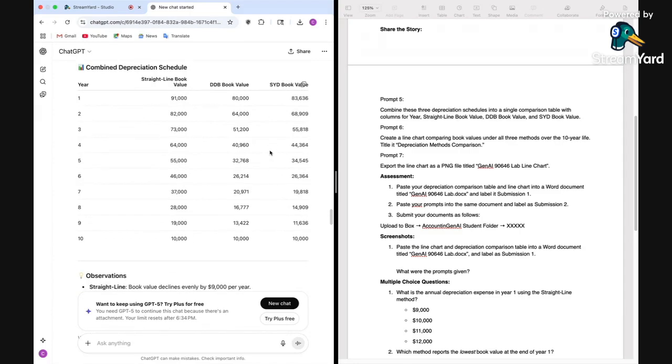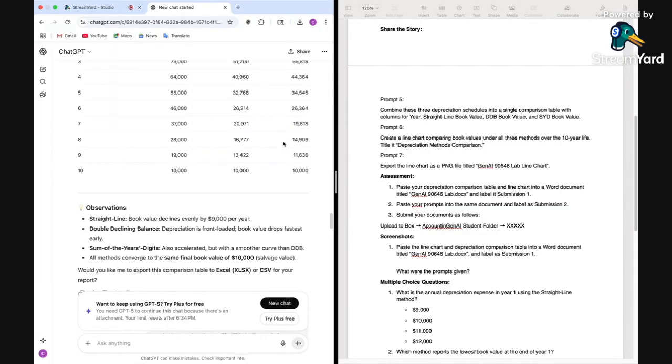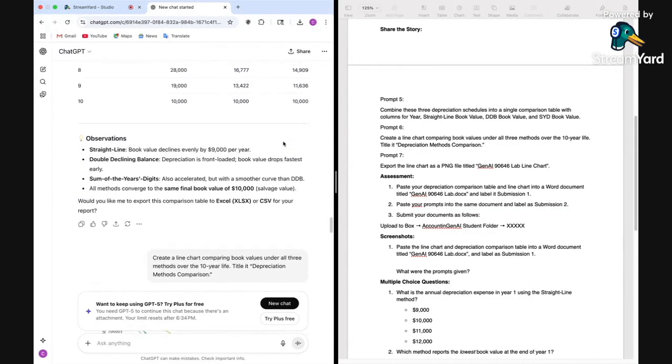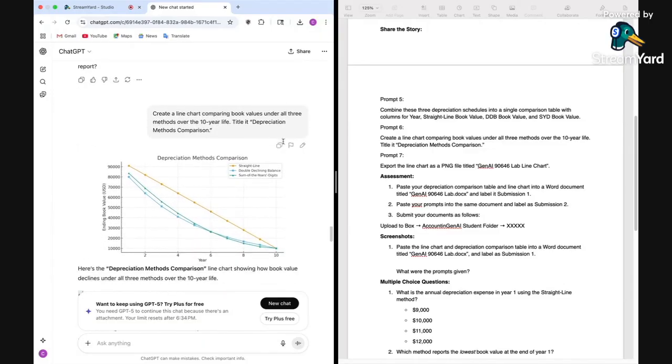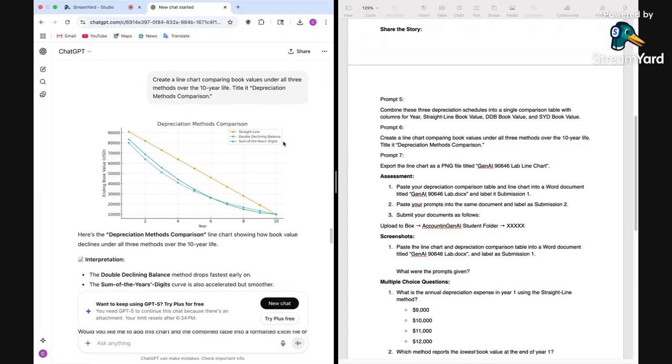After we get the depreciation schedule, we can then lay all these observations into a chart. For this lab, you want to create a line chart comparing book values under all 3 methods over the 10-year life.